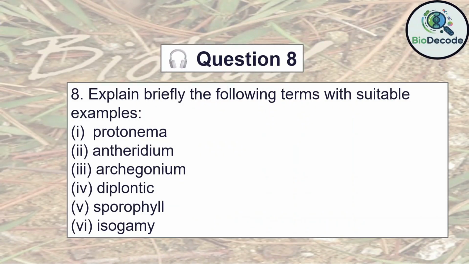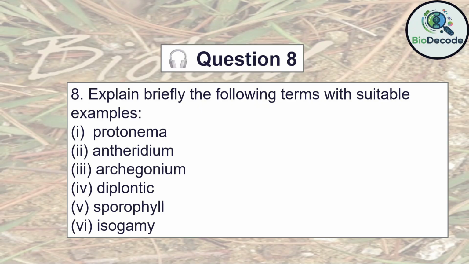Question 8. Explain briefly the following terms with suitable examples. Answer. First, protonema. It is the first green filamentous stage of the moss plant, developing from a spore. It produces buds that give rise to the leafy gametophyte. Example, Funaria. Second, antheridium.